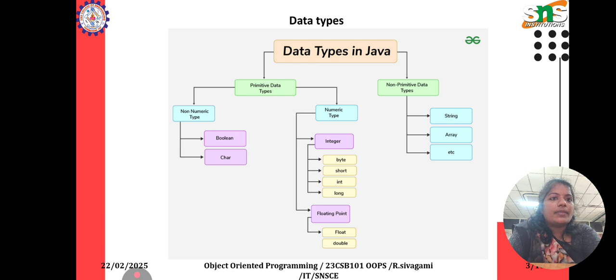In this type we have four data types: byte, short, int and long. The next one is floating point, where the data contains a decimal point. In that case we have to use float and double. The other category is non-primitive data types. These data types are string, array, etc.